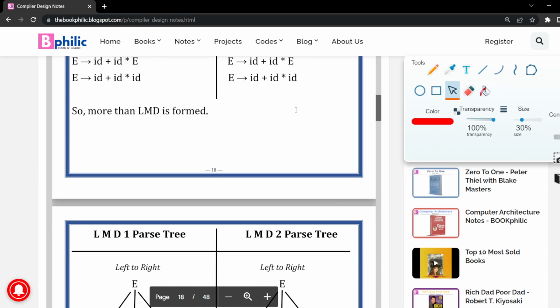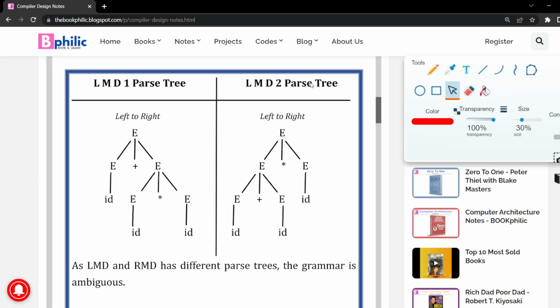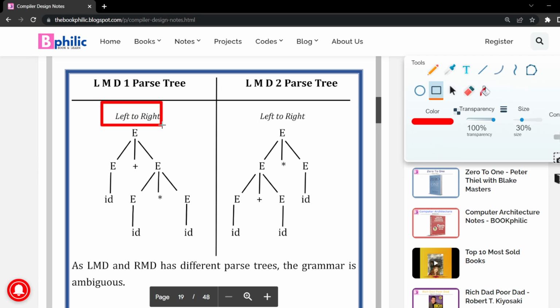So let us move on to the LMD1 parse tree and LMD2 parse tree, because we have written in the third point that if more than one parse tree can be generated, then in that case also this will be called ambiguous grammar. So from left to right we will be deriving the parse tree because it is the LMD1 parse tree, and from left to right here also because it is the LMD2 parse tree.